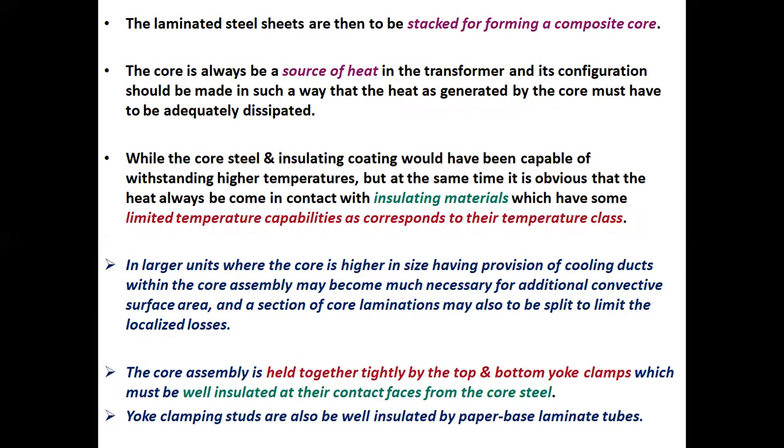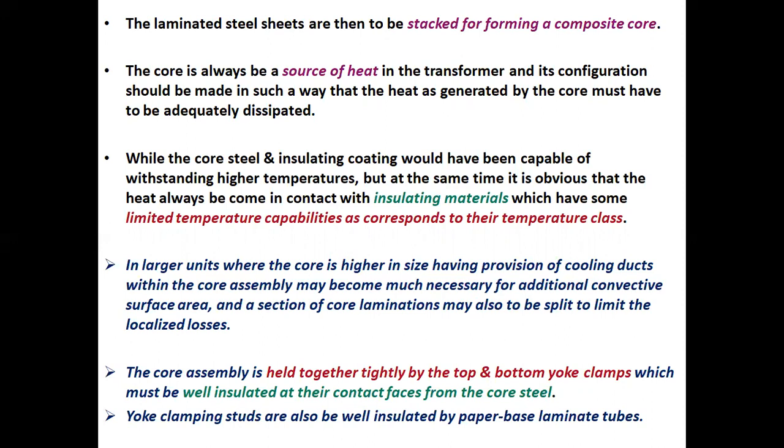The laminated steel sheets are then stacked for forming a composite core. The core is always a source of heat in the transformer, and its configuration should be made in such a way that the heat generated by the core is adequately dissipated.